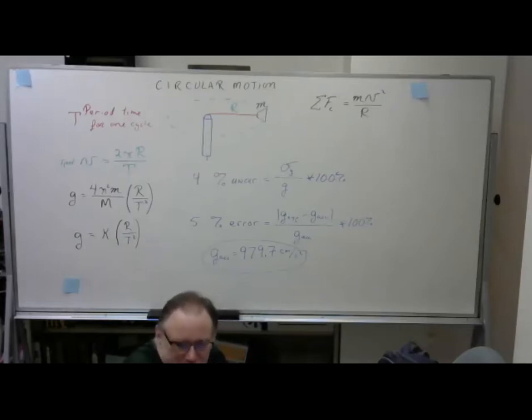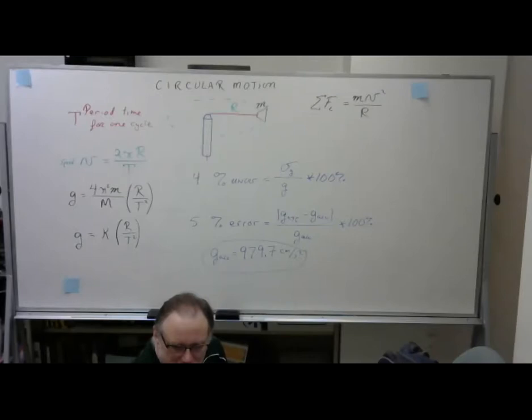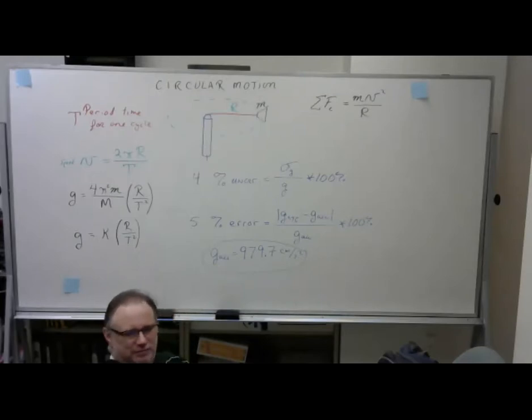So guys, tell me what you got for the percent uncertainty and the percent error of this thing. So I'm waiting for percent uncertainties and percent errors to pop up in the chat.